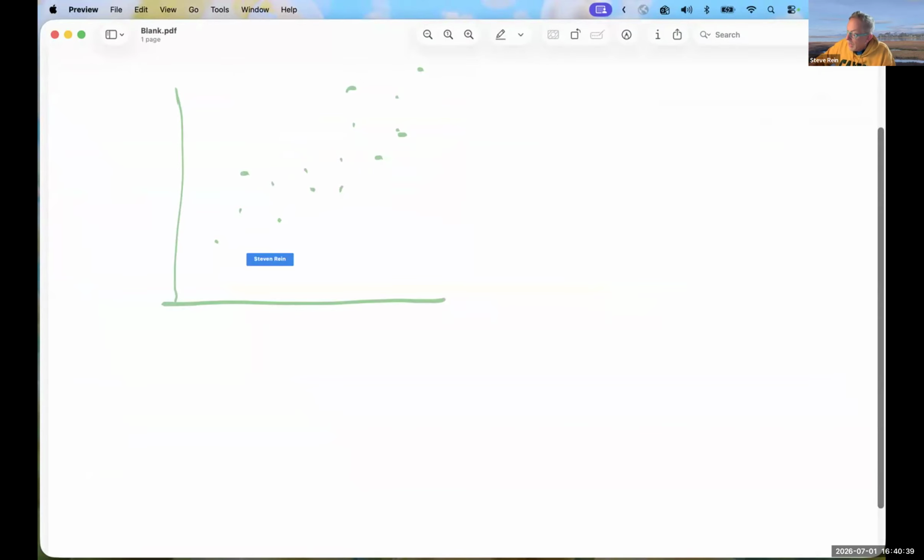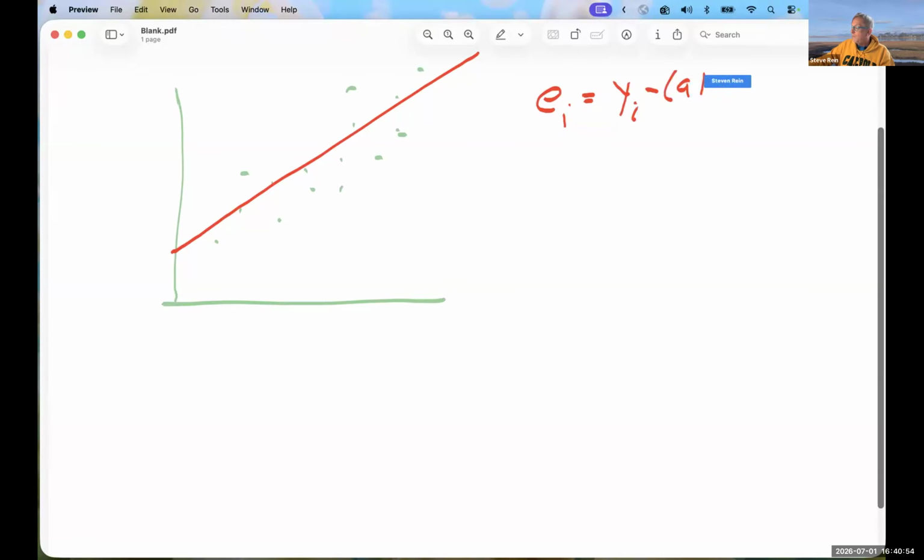And if I had drawn in my friendly trend line, my regression line, the residual here, E, is just the actual value for Y minus A plus B times X_i. That's the error that we have.